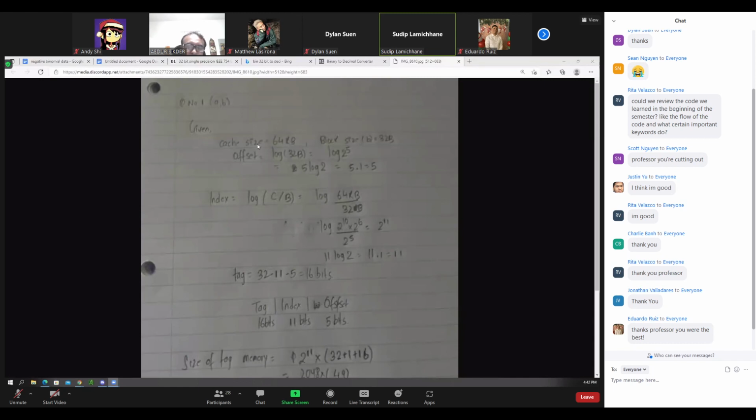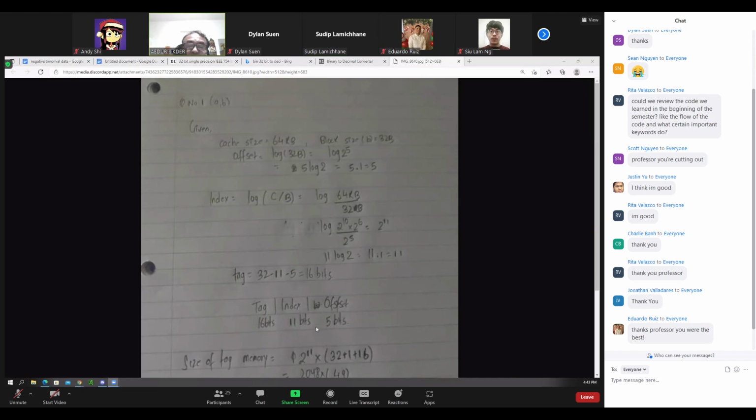About this one, the cache size was 64 KB and the block size was 32 bytes. Then I calculated the offset, log base 2 of 2 to the power 5, so my offset was 5. My index is log of cache size divided by block size, 64 divided by 32, so I got 2 to the power 11.